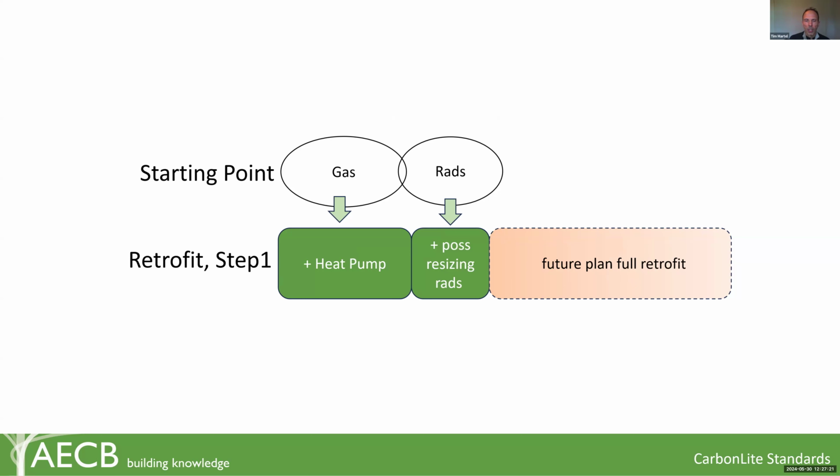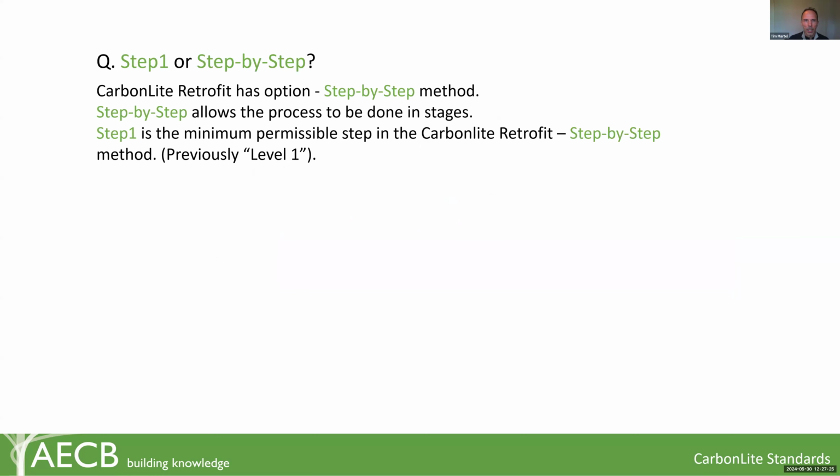So step one is part of our step-by-step method. So the method is called step-by-step. You can achieve the retrofit in a step-by-step way. In that step-by-step way, the minimum first step would be for you to have this step one solution, which is to have an air source heat pump.